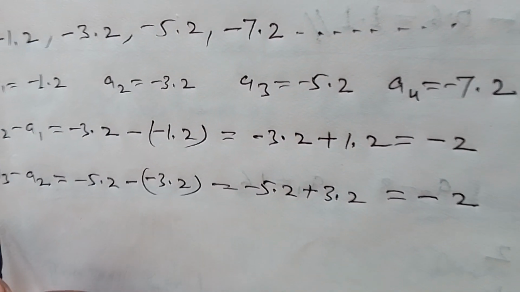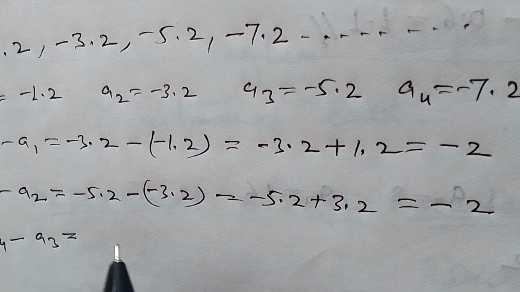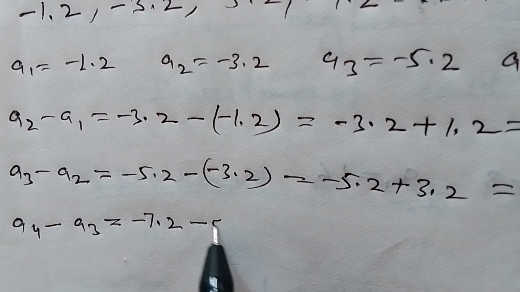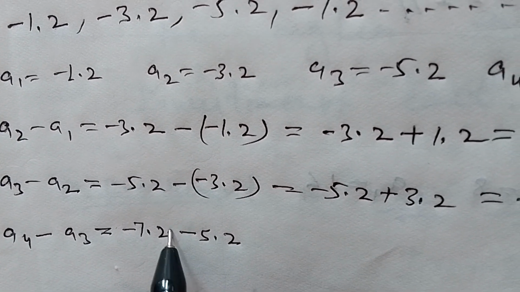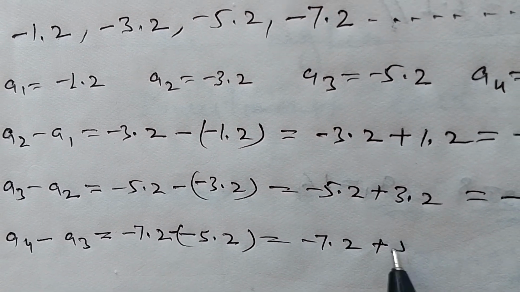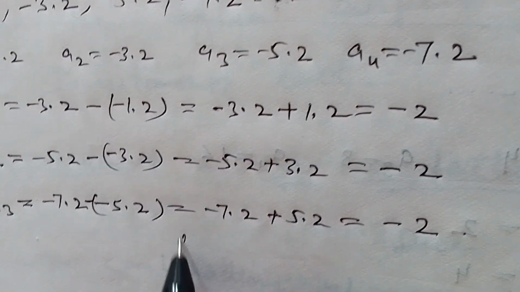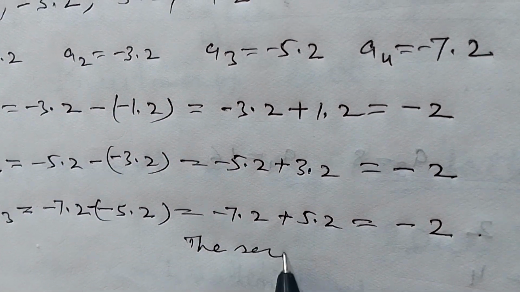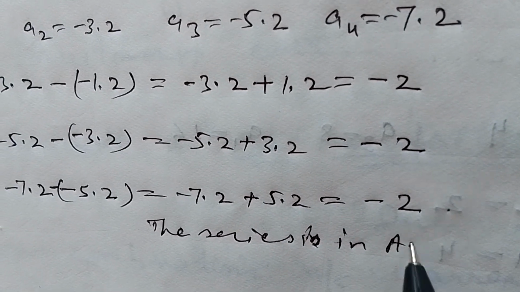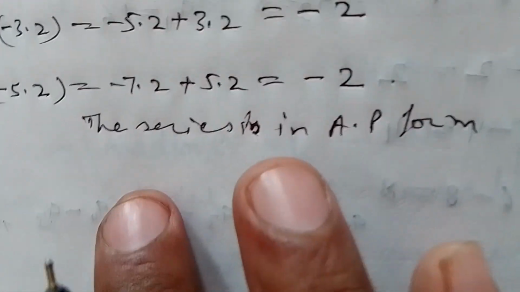Now A4 minus A3, A4 is minus 7.2 minus A3 is minus 5.2, minus 7.2 plus 5.2, it also comes out to be minus 2. So the series is in AP form. So now we will calculate the next four terms.